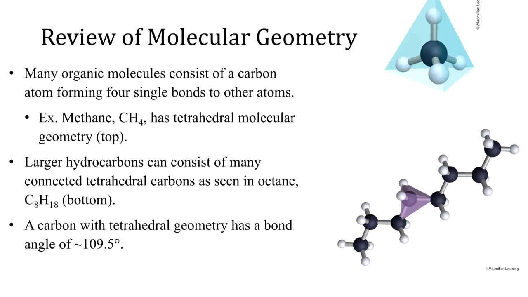Now, when we're looking at alkanes, that means carbon has all single bonds, and if it has all single bonds, that tells you it has four different things attached to it. There are going to be four single bonds. And remember, if you have four single bonds, that's four electron groups. That means the structures are going to be tetrahedral. We find that there are lots of organic compounds that have carbon with all four bonds in all of its linkages.